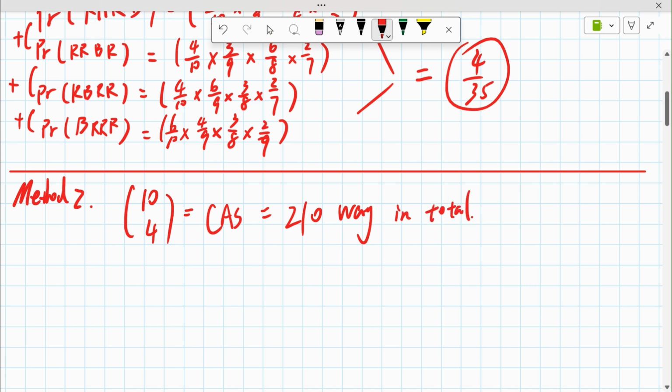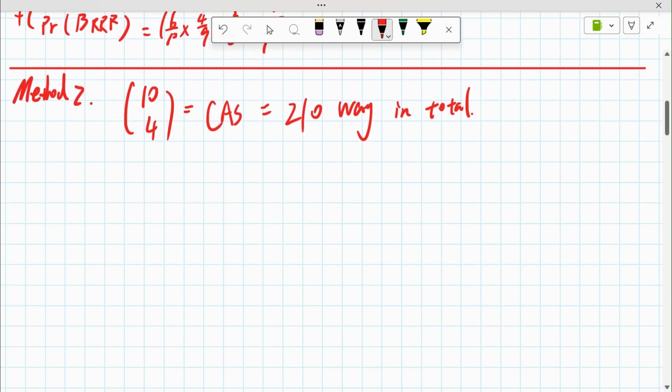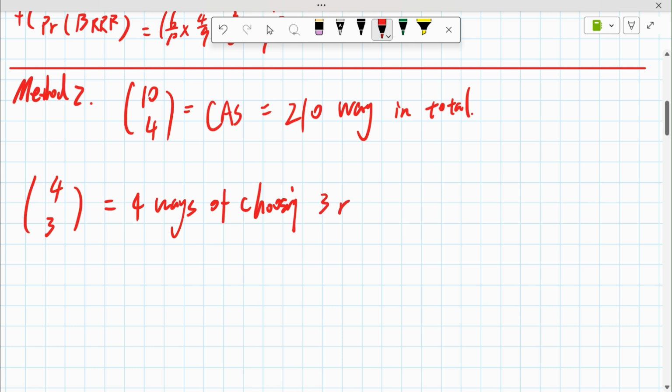And then we are choosing from those 4, and 3 of them are red balls, which means we're choosing 3 from 4 red balls. There are 4 ways of choosing 3 red balls from 4 red balls in total.